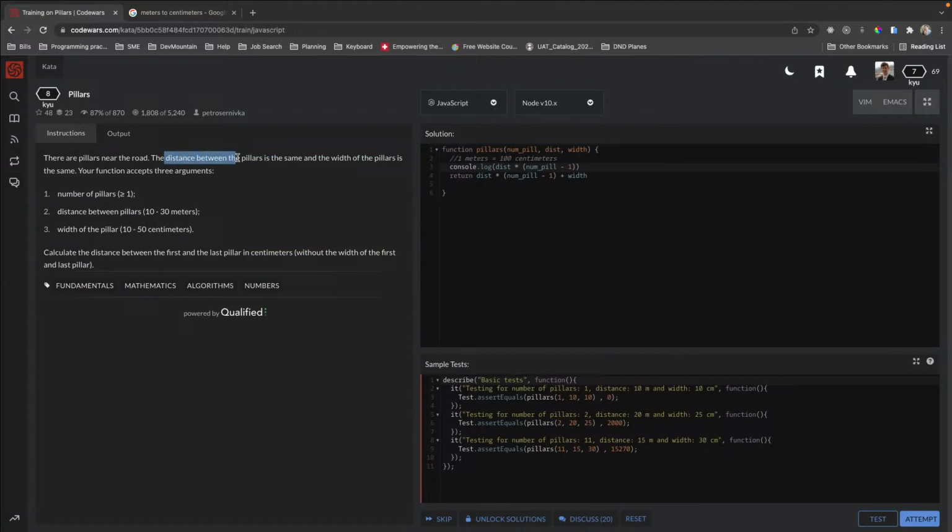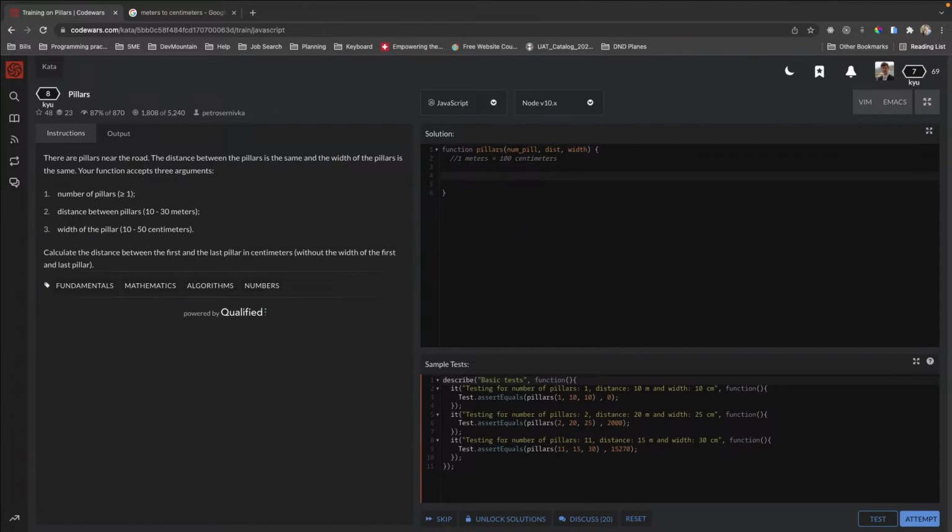The distance between the pillars. Calculate the distance between the first and the last pillar in centimeters without the width of the first and last pillar. Oh, okay. This is different than, okay, I gotta think about this again.